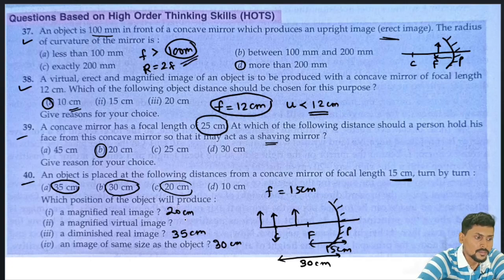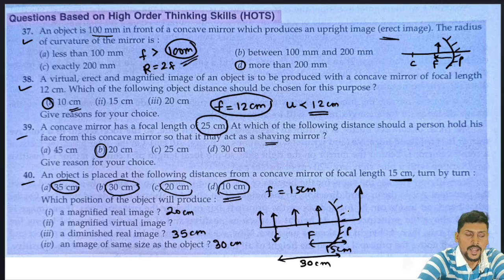Next, 10 centimeter. If the object is placed at 10 centimeter, the object is in between the pole and focus because the focus is 15 cm away. Then the image will be behind the mirror, and it will be virtual, erect and magnified. So we get a magnified virtual image if the object is 10 cm away. In this way you can solve all those questions.